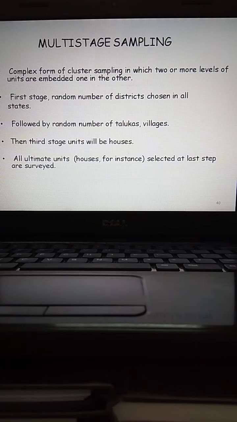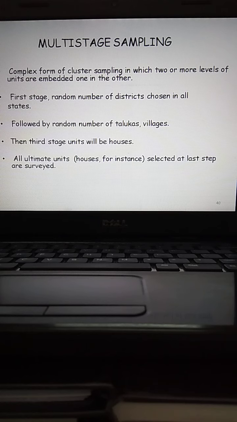So what are the points? It is a complex form of cluster sampling in which two or more levels of units are embedded in one another. In the first stage, a random number of districts is chosen in all states. A state can be segmented into districts, and a district can be sub-segmented into taluks and villages.